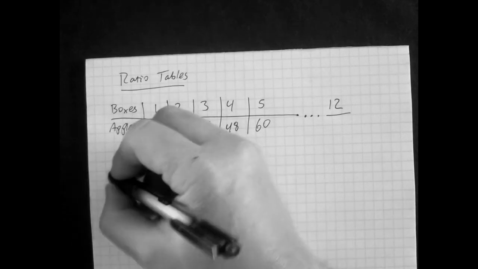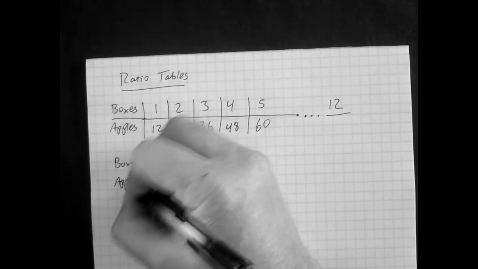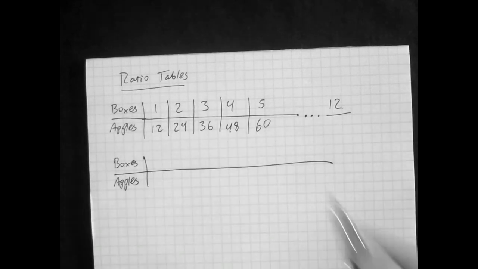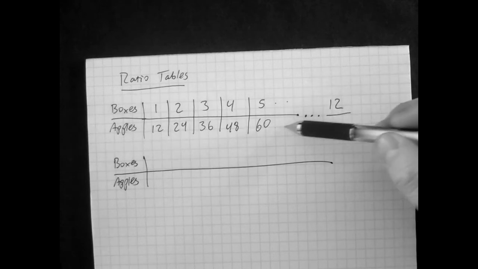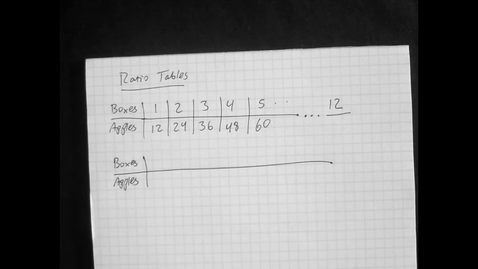Let me show you also that depending on how you like to do arithmetic in your head, you might approach this different ways to get to 12. Instead of going all the way out, and of course we could have kept going, counting by ones up here, and counting by 12s down here for the apples, and we would then get my final number of apples that fit in 12 boxes. But most of you aren't going to want to do a long table like that and don't need to.